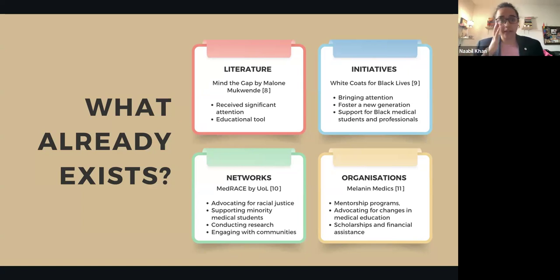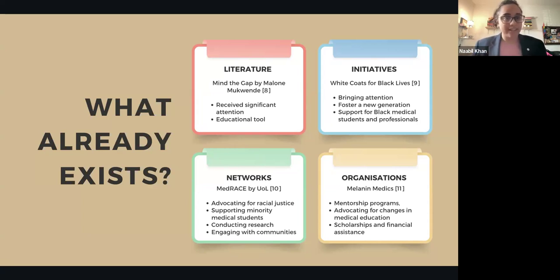And then finally, you've got bigger organizations. So we've got the charity Melanin Medics that's currently working in the UK. And through their work, through mentorship, advocacy, and providing financial assistance, they're really working to bridge that gap, especially when it comes to attainment and uptake of ethnic minority students, especially Black students in the medical profession.